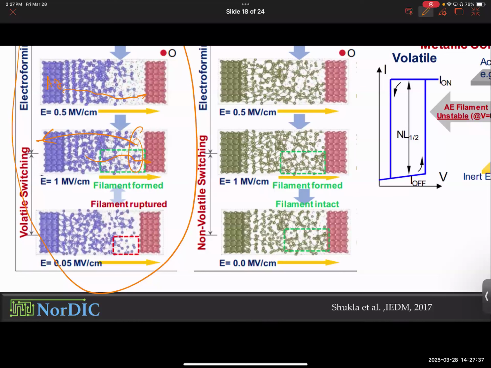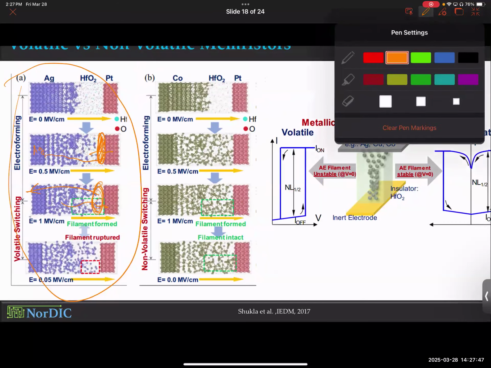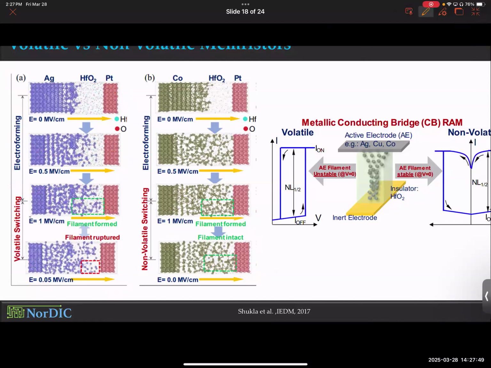It just creates a blank space, and once you provide enough voltage, it creates the bridge back. That's why set and reset are quicker and require less energy, but forming takes a lot of energy, because you have to start from a pristine condition and bring all these atoms here.